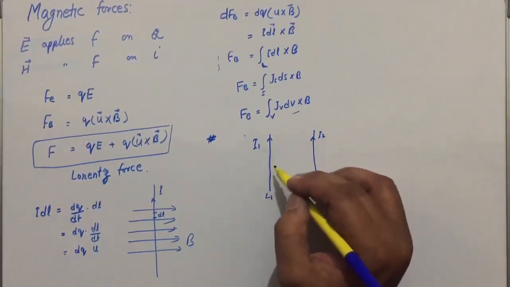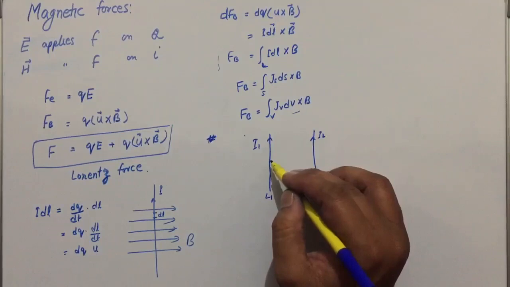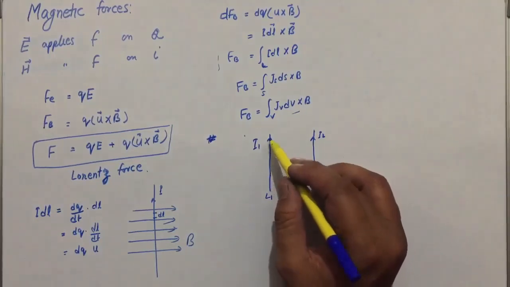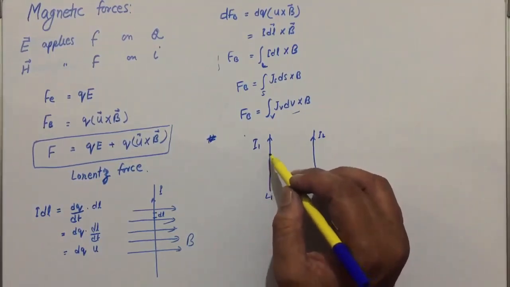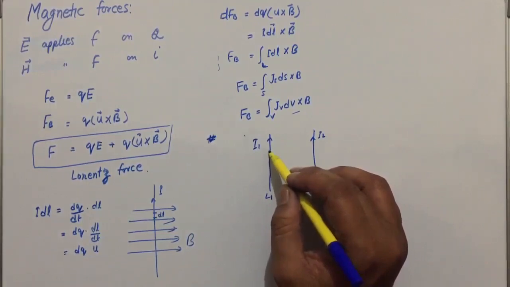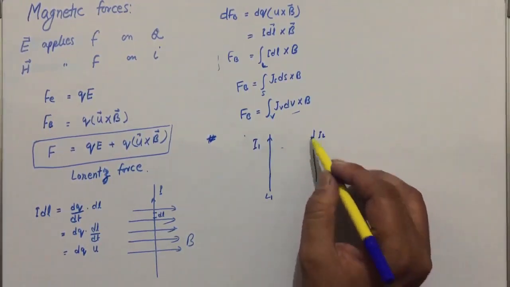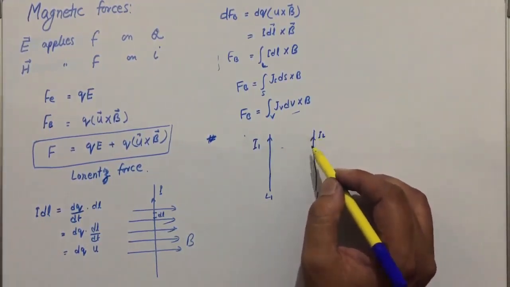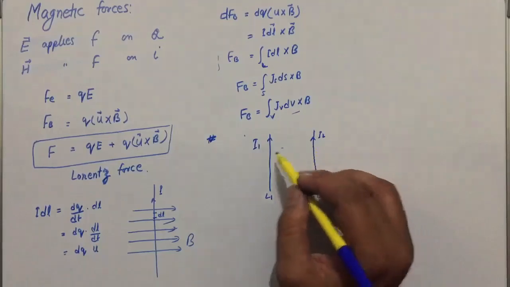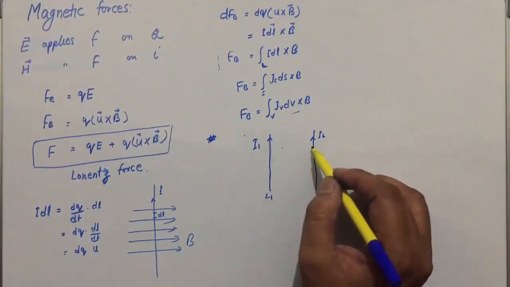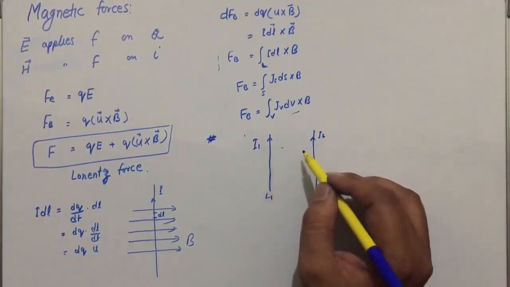A similar condition can be considered for the other conductor: the field is generated from the first, and the conductor carrying current I2 is placed in this field and will experience a force due to it.